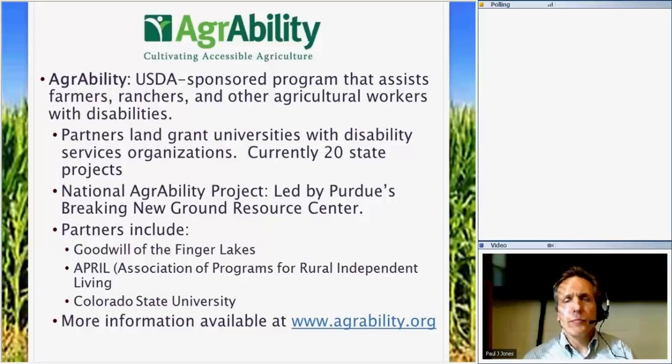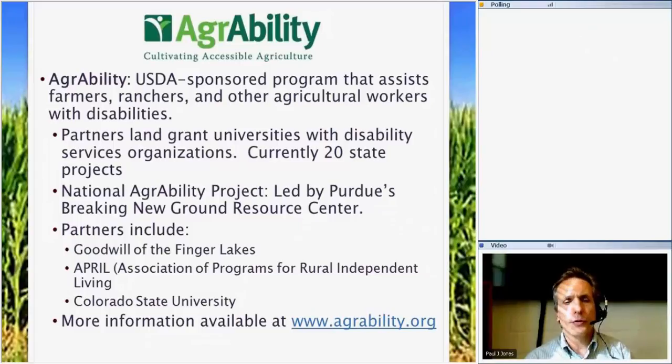For those of you who may not be familiar with AgrAbility, our program is sponsored by the U.S. Department of Agriculture. We focus on issues of disability in the agricultural population. Every AgrAbility project around the country is a partnership between a land-grant university and at least one nonprofit disability services organization. Currently there are 20 state projects around the country.